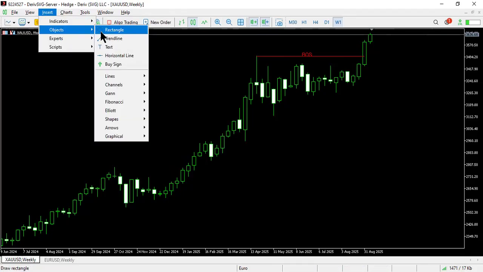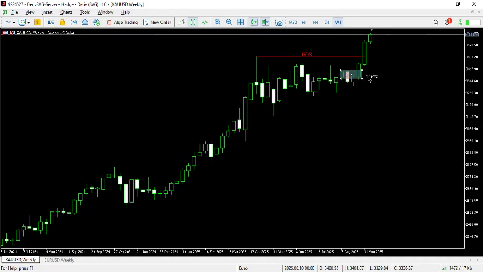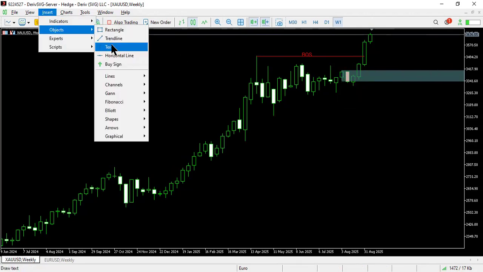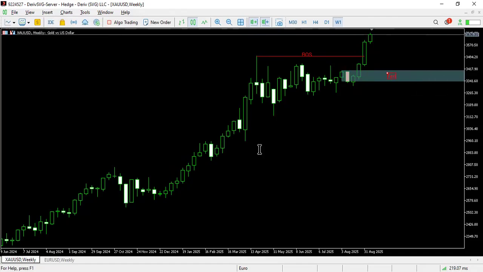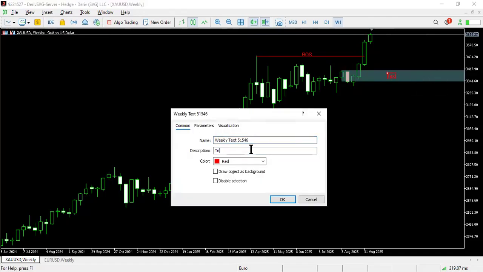And then our order block from the weekly time frame is that one. However, with the way price is moving, I don't think it's going to be returning to that level anytime soon.